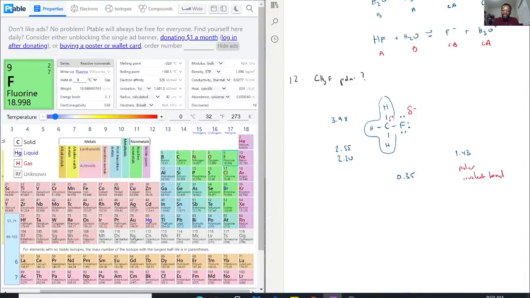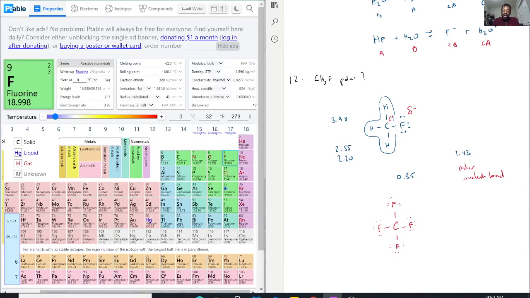In fact, if I did C, F on each one, this right here is also a nonpolar molecule, even though it has polar bonds.